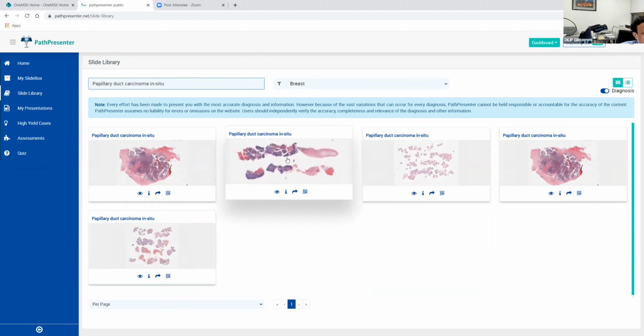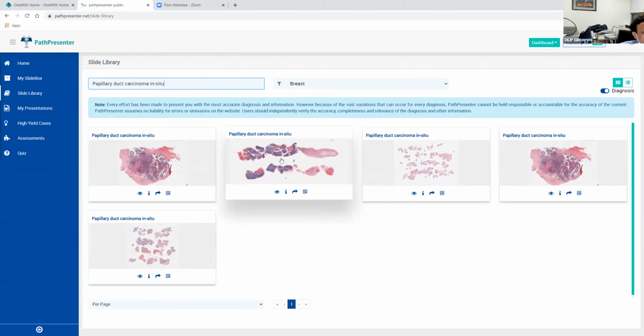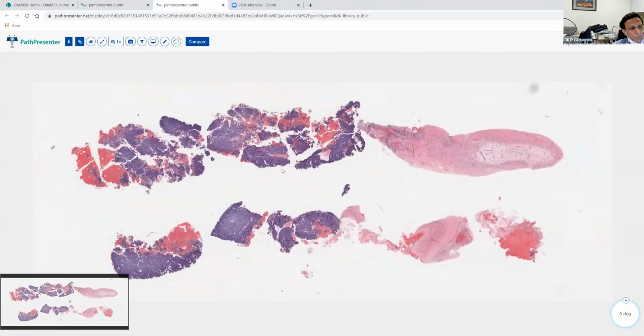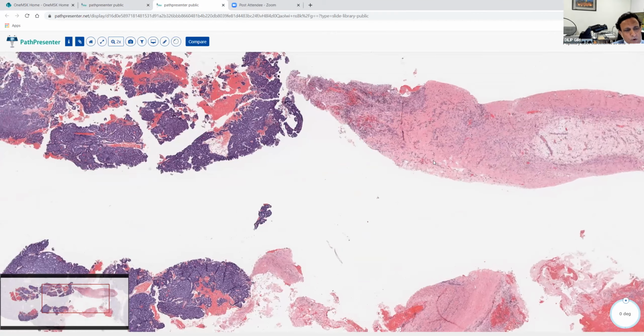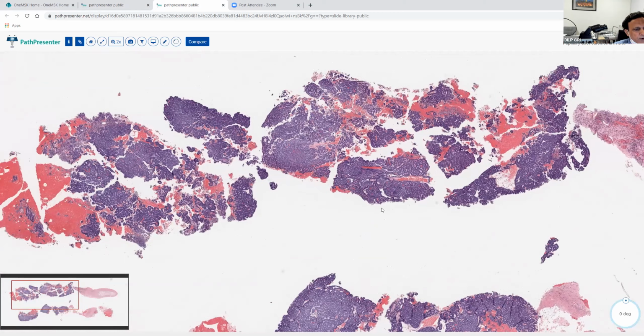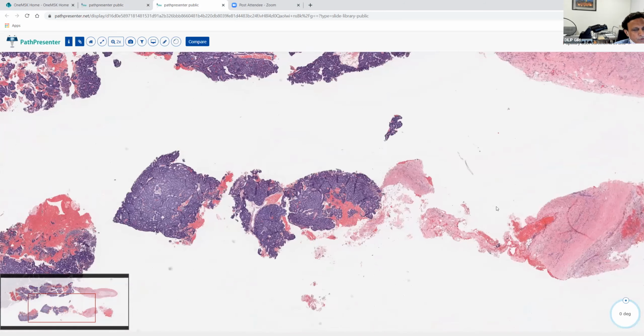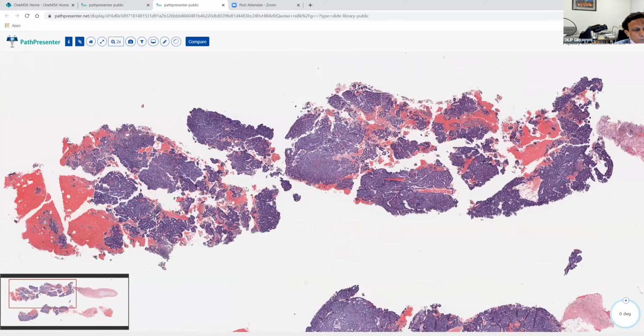So let's look at this core biopsy, because there are a couple of core biopsies. How we word our report in core biopsy is important. And what you will notice, and I'm sure you already know this, is that when there is a papillary lesion, papillary carcinoma in a core biopsy, they tend to be fragmented like this.